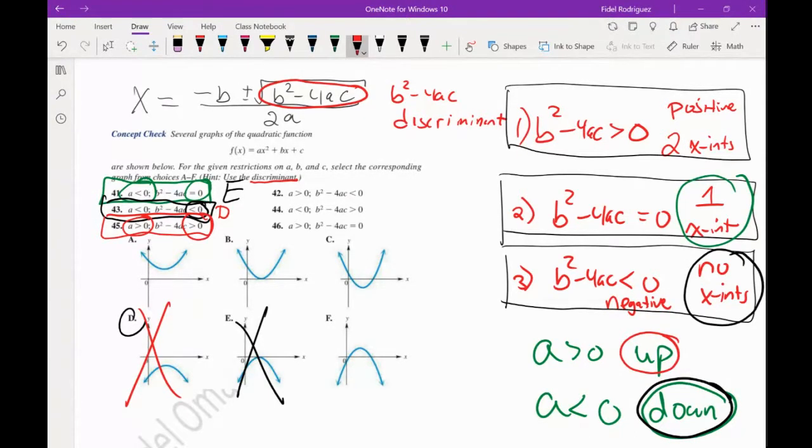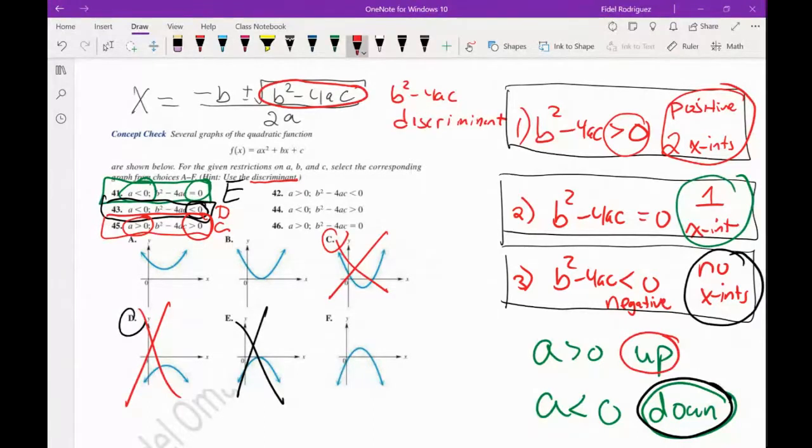The discriminant is greater than 0. When the discriminant is greater than 0, that tells me we're going to have two x-intercepts. That means that not only is the graph going to open upward, but it's going to hit the x-axis twice. Which of those graphs, A, B, and C, not only opens up, but hits the x-axis 2 times? C, right? So that one there is going to be C.